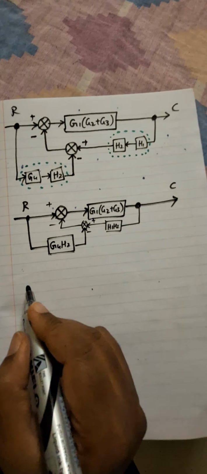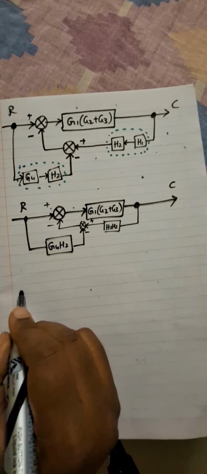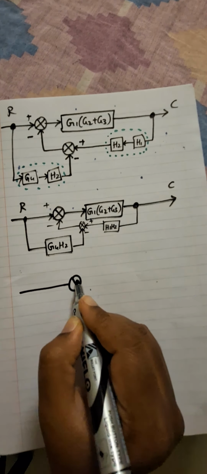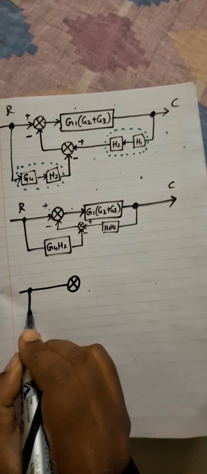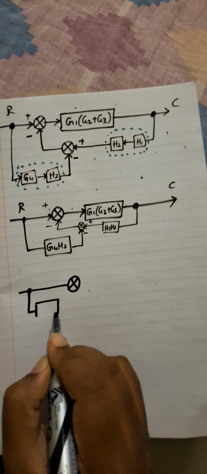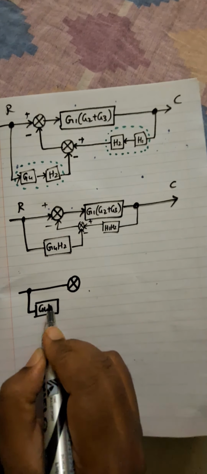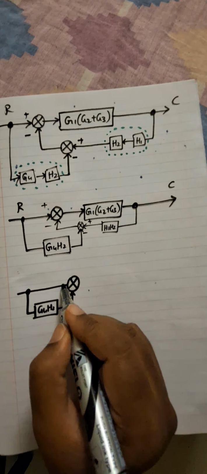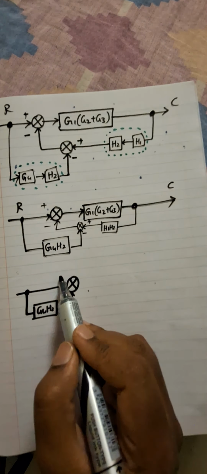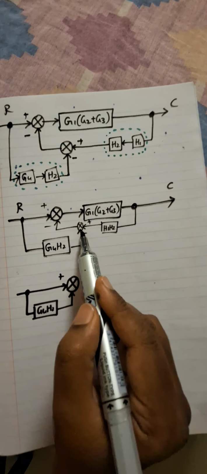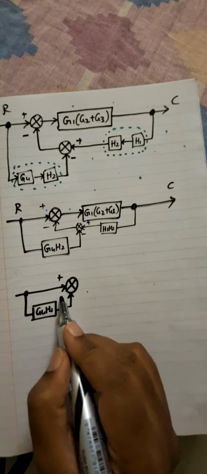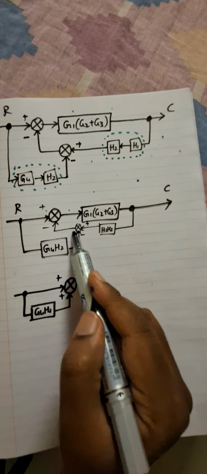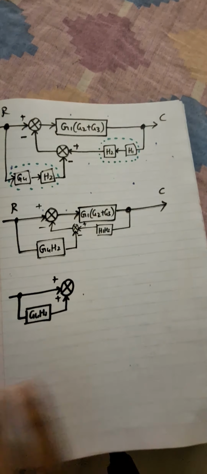So I want to separate it. So when I separated it, it will be like G4H2. This positive is positive only, but this minus into minus became plus. So from this summation I separated it. Done.